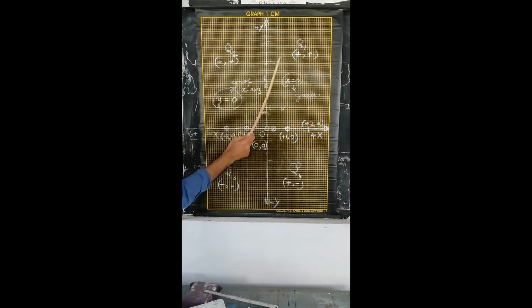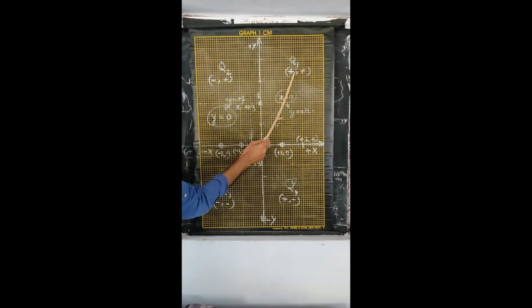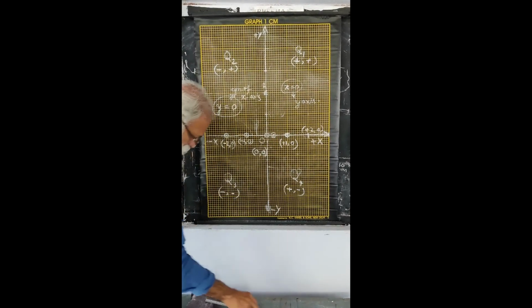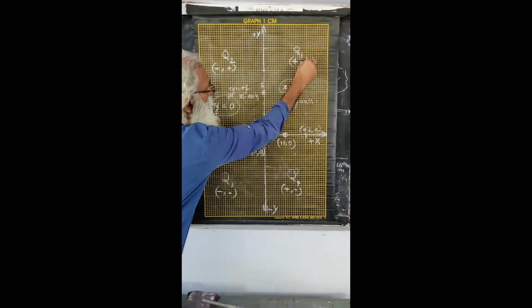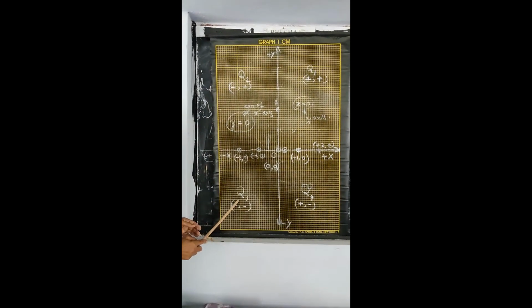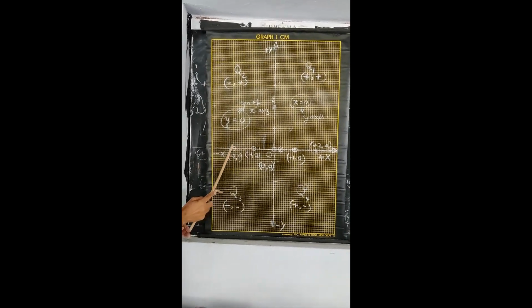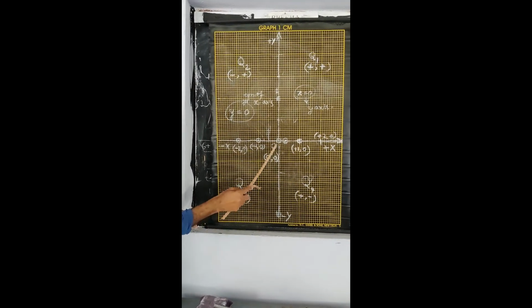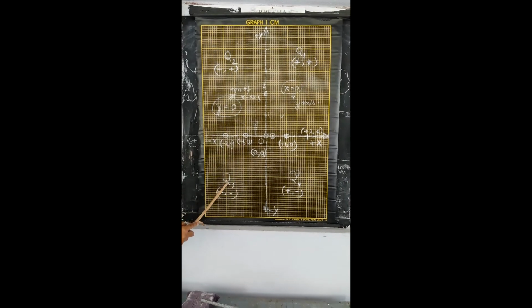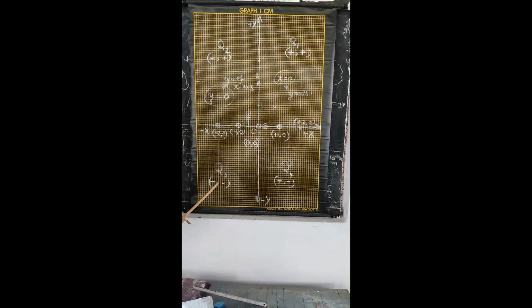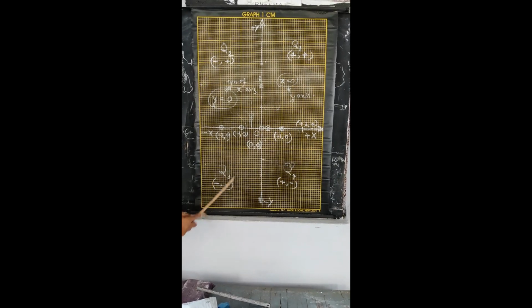Okay. In the first quadrant, all the points have positive x coordinate and positive y coordinate. So both coordinates are positive in the first quadrant. Now in the third quadrant, the x coordinates are negative and y coordinates are also negative, because you have to move along negative x and then down along negative y to get to the third quadrant.